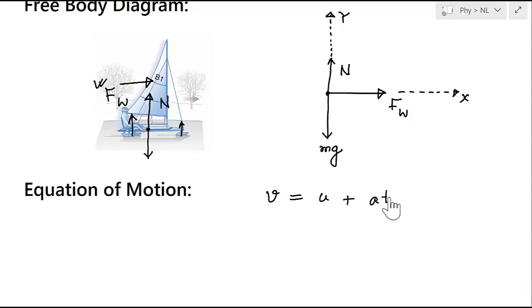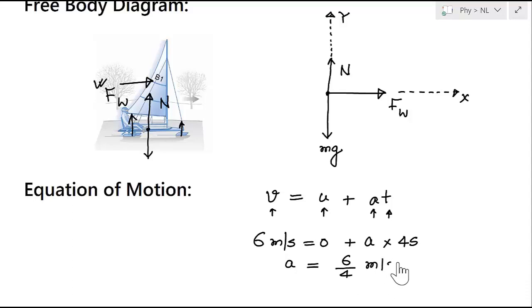You may remember this equation where v is the final velocity, u is the initial velocity, a is the acceleration, and t is the time in which velocity changes from u to v. The final velocity in this problem is 6 meters per second, initial velocity is 0, and we have to find acceleration, and time is given, this is 4 seconds. So from here I can calculate acceleration is nothing but 6 by 4 meters per second squared, and this is 1.5 meters per second squared.